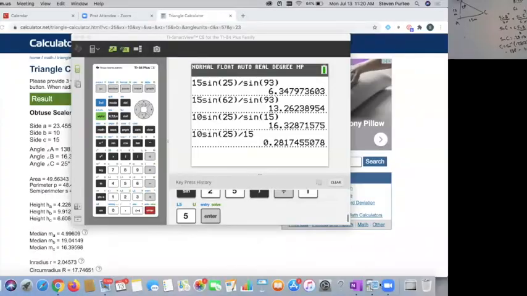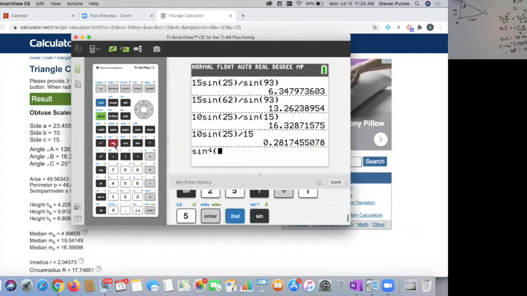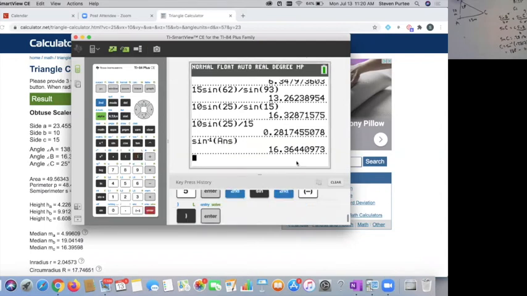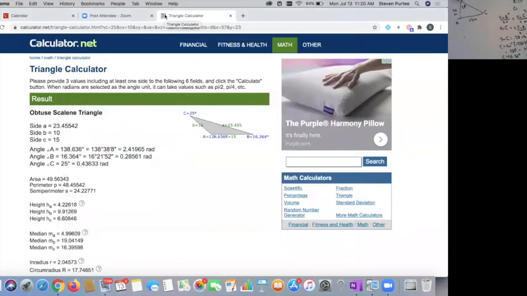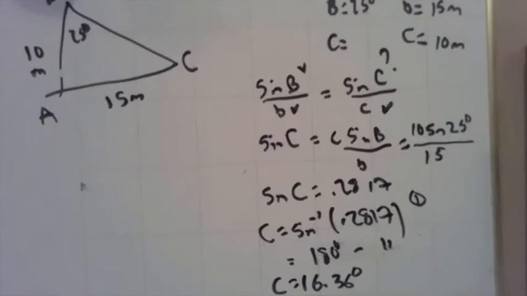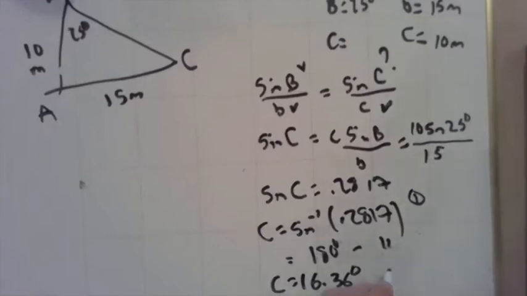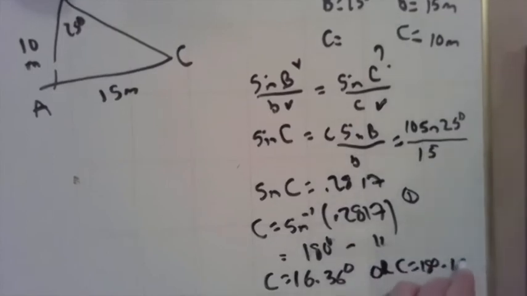And I could type it just like that. I can say inverse sine, second sine, of my answer, hit enter, 16.36 degrees. So that's one possibility, 16 degrees. Okay, there's another possibility. Or C equals 180 minus that, 16.36.